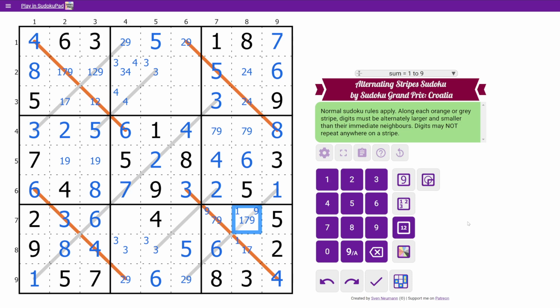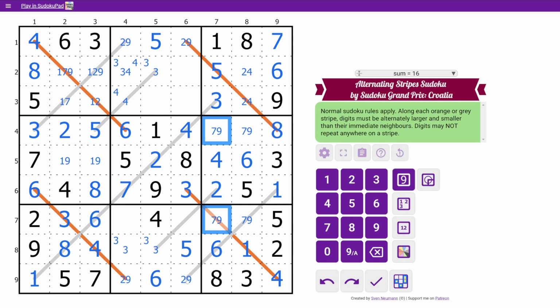Oh, 1 cannot go here, check it out. That's a 7-9 combo now. So that is a 1. Now we have another... Oh yeah, of course those are gonna make doubles. That's all that's left in the column. Okay.